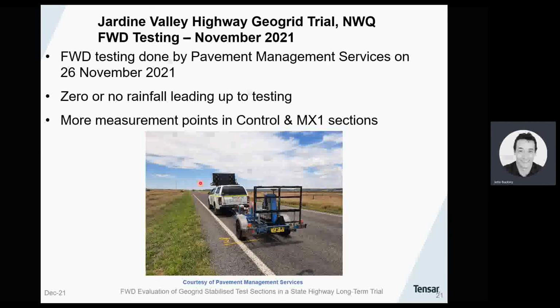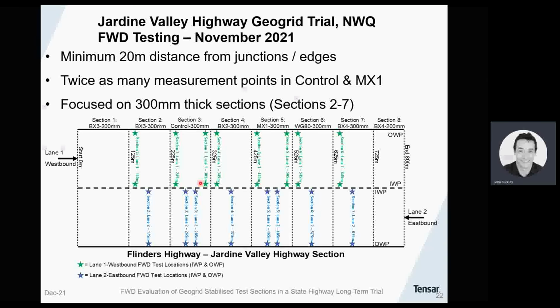This was planned and performed by Pavement Management Services on the 26th of November this year. In the 3 weeks leading up to this testing, there was very little rainfall. Learning from the 2010 testing, a minimum 20-metre edge distance was applied from the junctions at the start and end of each section.